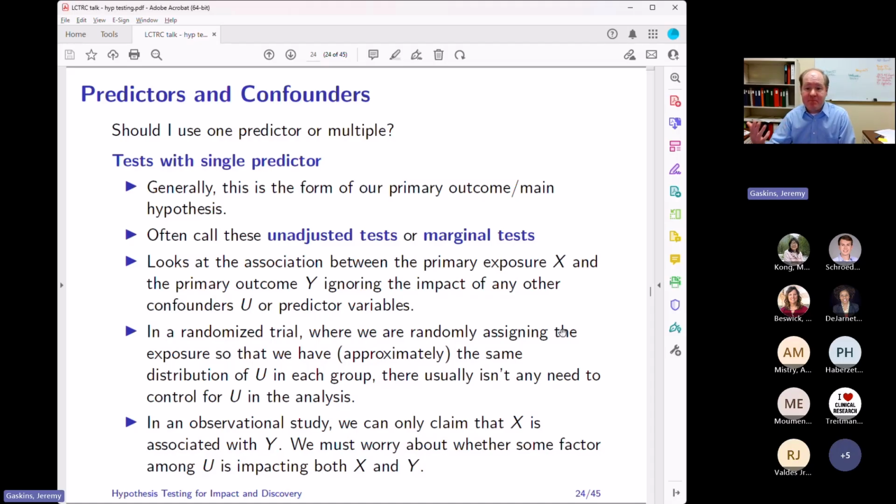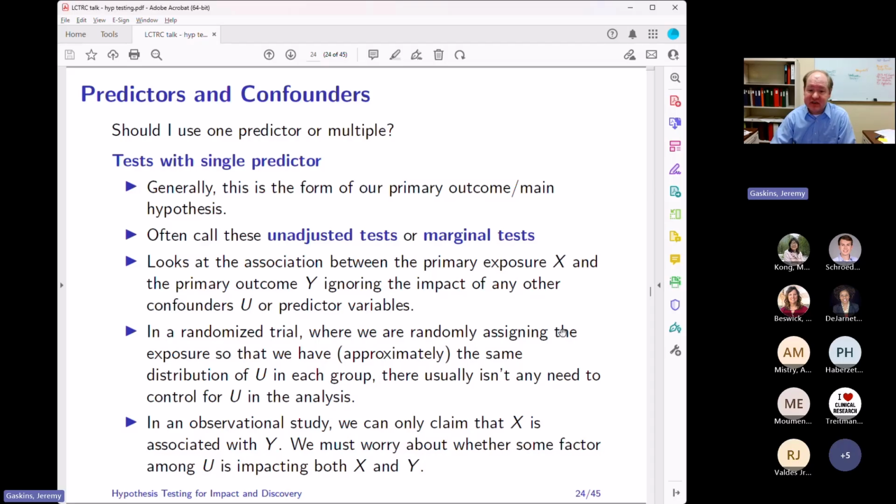And of course, if I'm only using a single exposure or a single predictor, then we typically call these unadjusted tests or marginal tests, right? I'm not adjusting for any of the other potential confounders or the other predictor variables that I might have access to. Of course, this is going to look at the association between our primary exposure X and our primary outcome Y, and ignore the impact of any other confounder or predictor variable.